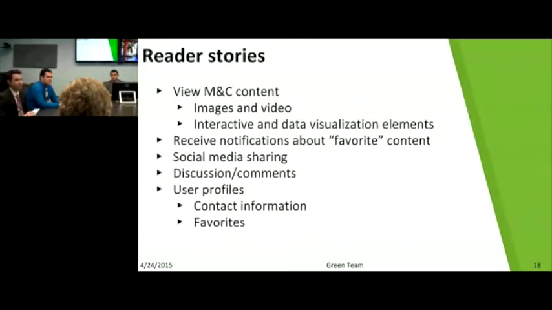They could also share the article on Facebook or Twitter if they want to. They can also comment and discuss the article underneath it. And the readers can also view user profiles. They can view other people's favorite articles and also edit their own favorite articles if they please.